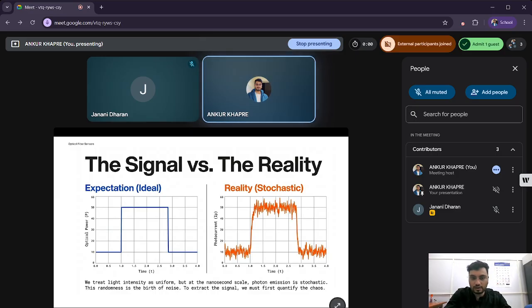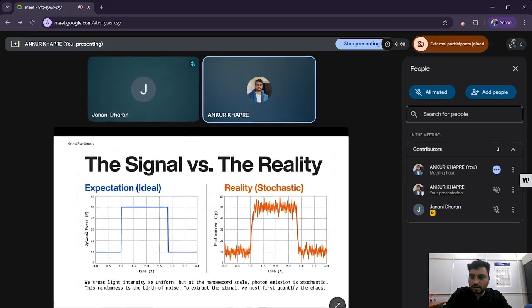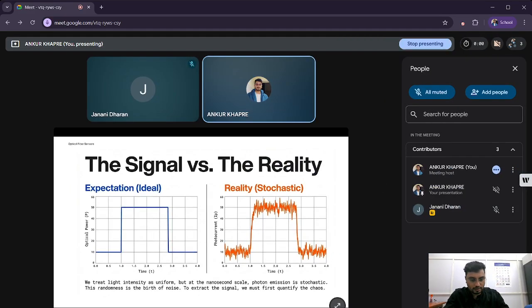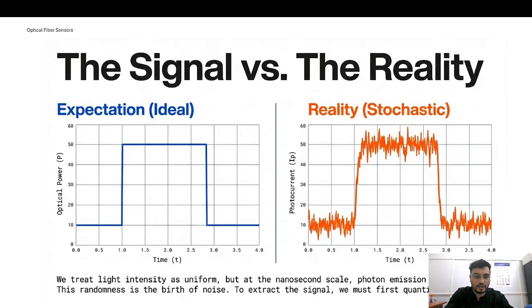You can see here how we are dealing with the photodiodes. First example, the expectation, which is ideal: the waveform should be a square wave, generated by the photons hitting the photodiode.